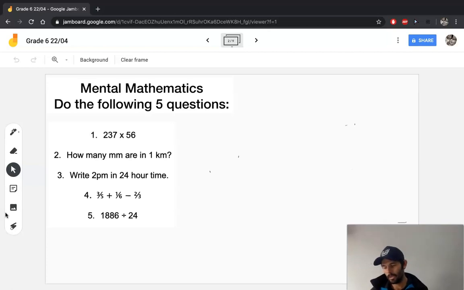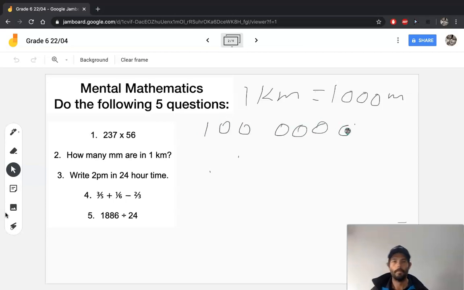Okay, how many millimeters in a kilometer? So we know 1 kilometer equals 1,000 meters. We should know that there are 100 centimeters in a meter. So to get from meters to centimeters, I need to multiply by 100. So it's going to be 1,000 multiplied by 100, which is 100,000 centimeters.